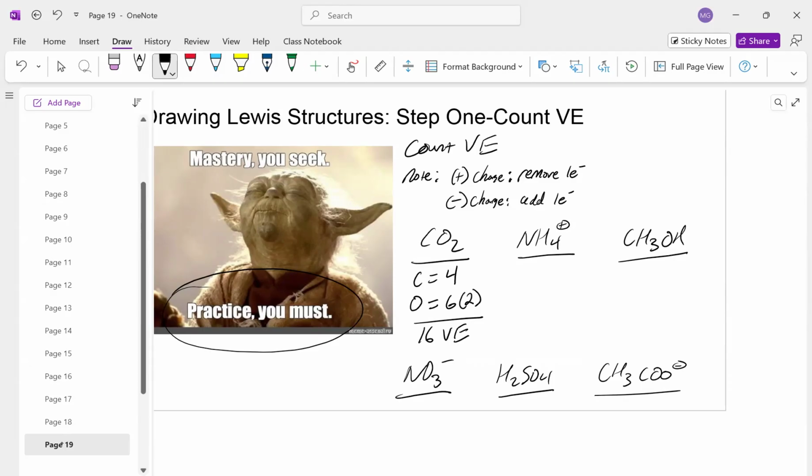With ammonium, there's one nitrogen with five valence electrons. Each hydrogen has one valence electron, and we're going to multiply that by four because there are four in the formula. And notice that we have a plus charge. So we're going to subtract one electron from our total, and that comes out to 8 valence electrons.